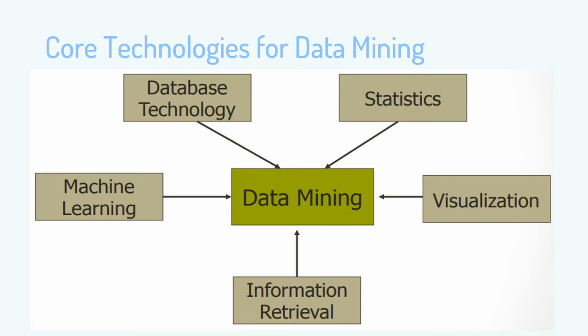I need only the gender column, how many males and how many females there are. You can plot the graph, which means automatically we can visualize the things. Then information retrieval, machine learning, and database technologies. These are the core technologies for data mining.